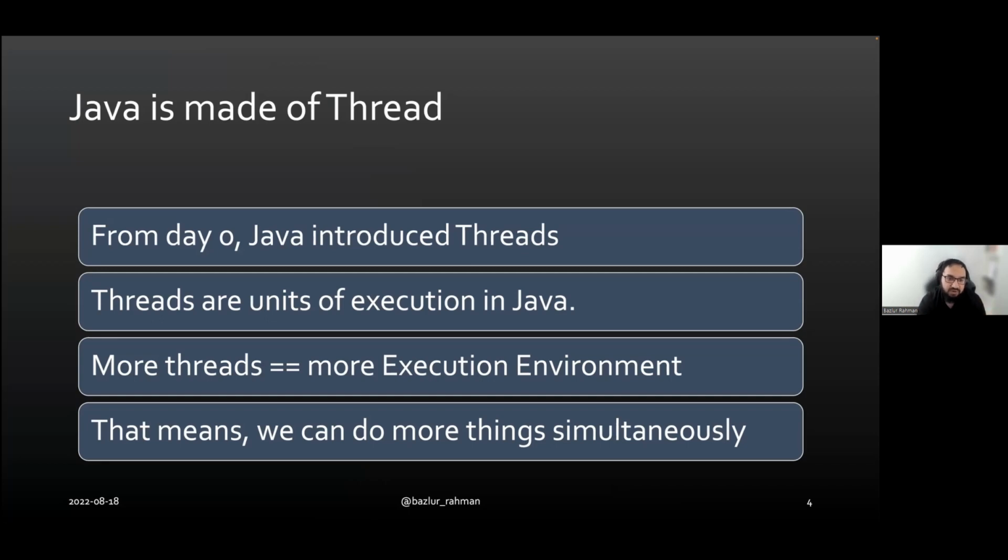From day 0, Java introduced threads. A thread is an execution environment, or unit of execution, in Java. That means whatever code we write, whether it's a single line or millions of lines, it's going to be executed by a thread. That's how Java is designed and developed, and that's how we use it.